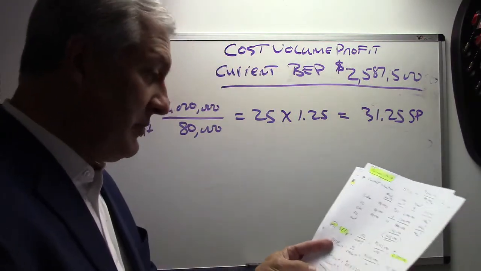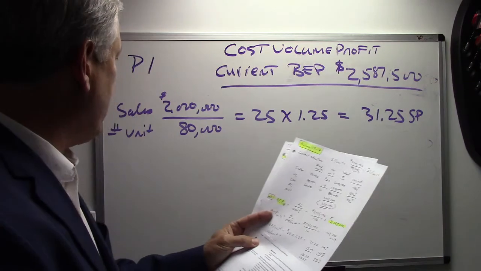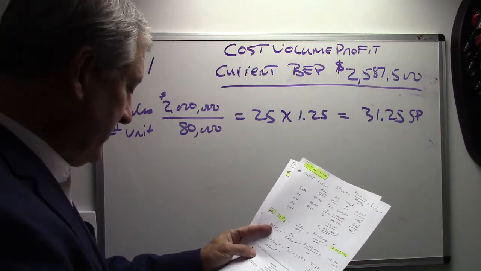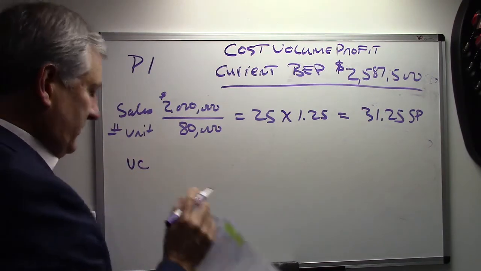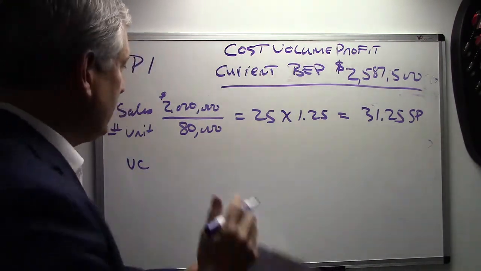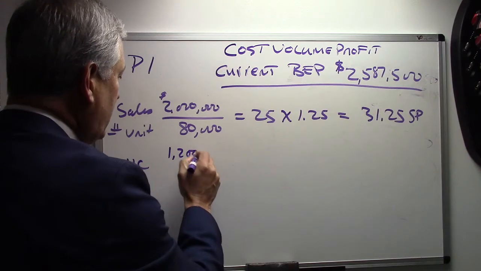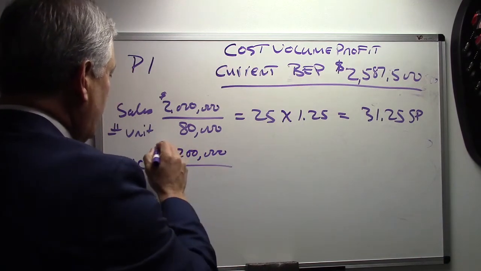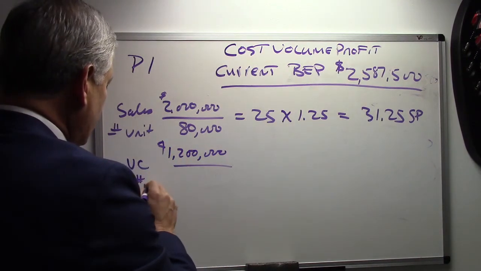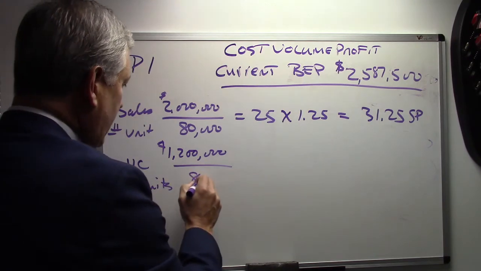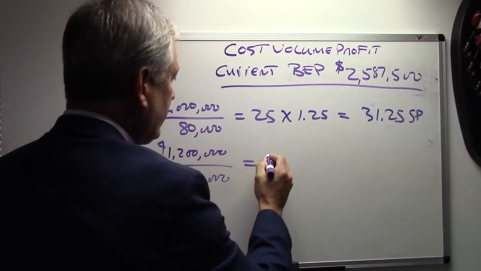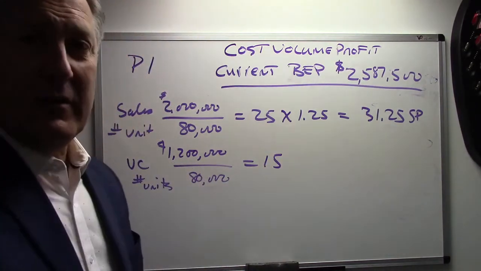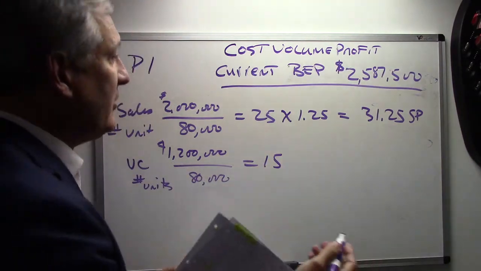The contribution margin, what was it? What was the original variable cost? Take their variable costs of $1,200,000 divided by the number of units, 80,000. So their variable cost per unit is $15. There's no change there.